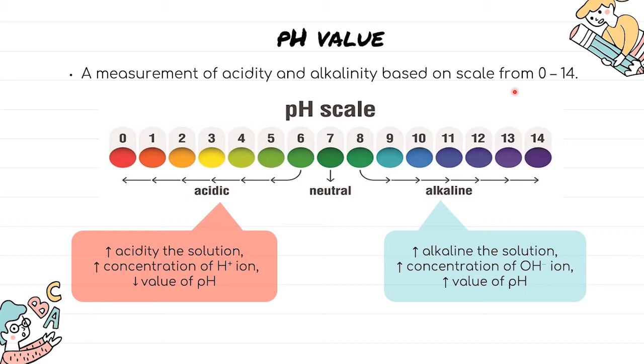But be careful, a compound with a very low pH is a very dangerous acid, and an alkaline with a very high pH is a very dangerous alkaline.